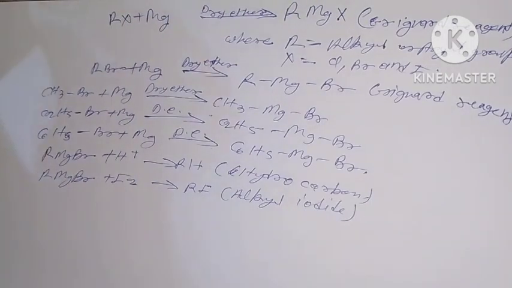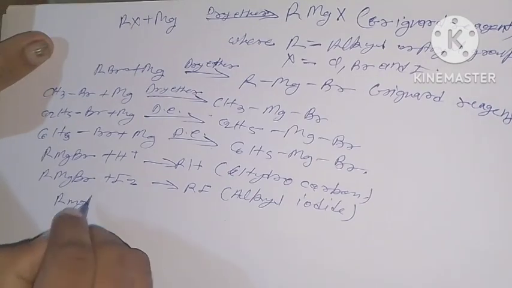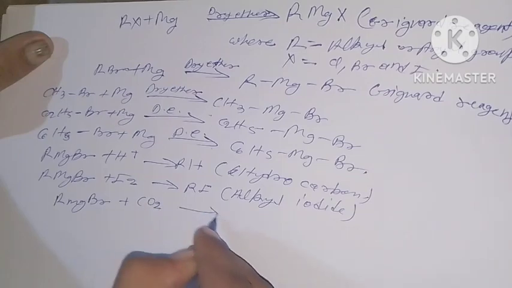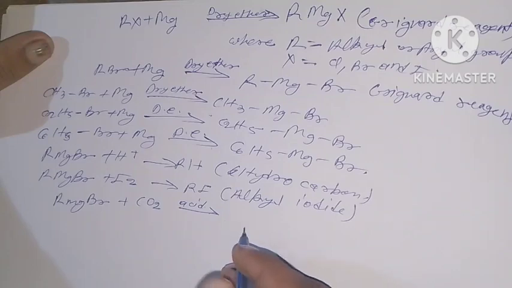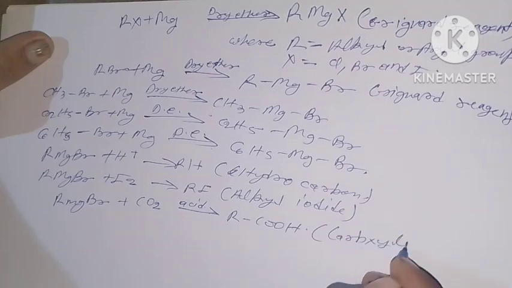RMgBr plus CO2 in the presence of acid gives RCOOH, carboxylic acid.